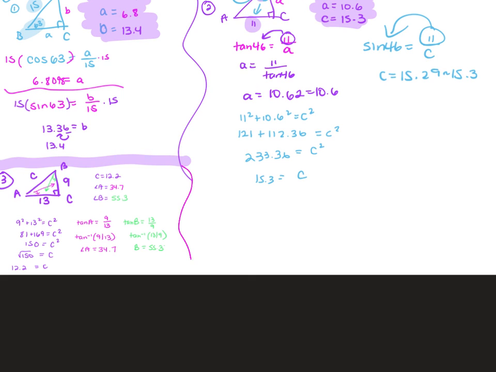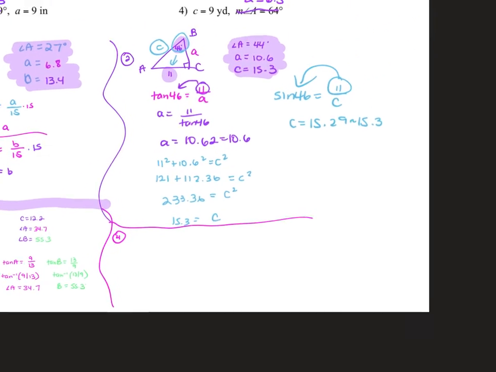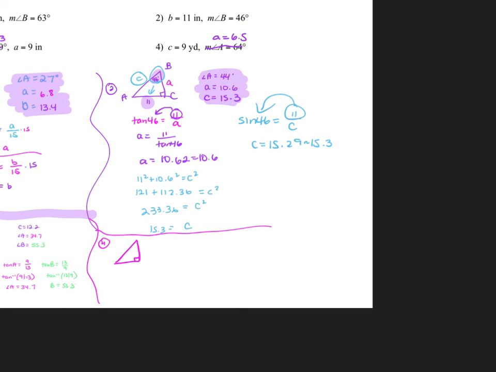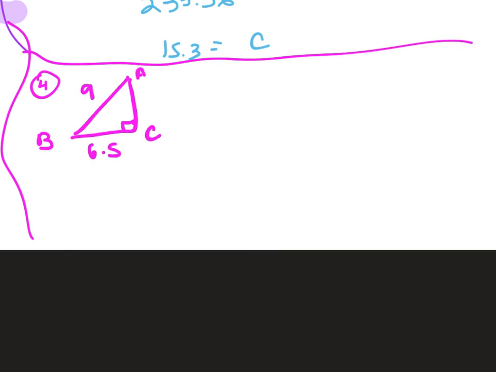Okay, last one, and this is 4. So again, this time I gave you 2 side lengths. I gave you A and C. C is 9 and A is 6.5. So when I want to find that third side, I can do the Pythagorean Theorem.